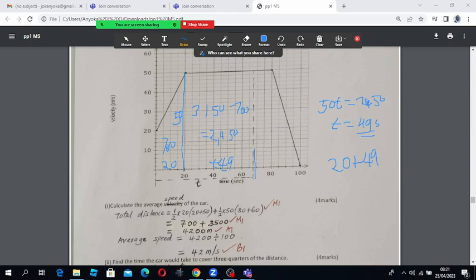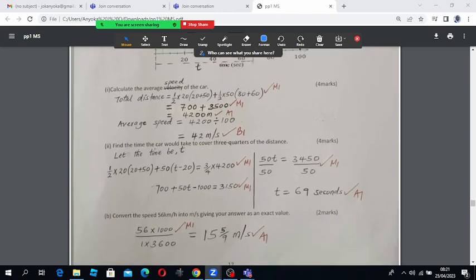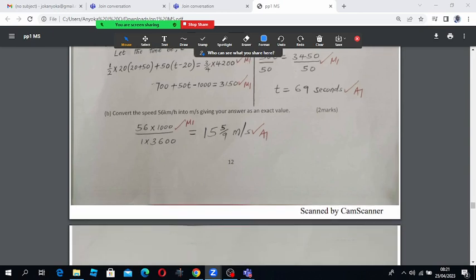We find the first trapezium gives us 700. What remains is within this rectangle. We let the length be t, then t times 50 equals the remaining distance, 2450. We are in agreement? Yes. So the total time taken to cover 3/4 of the distance is 69 seconds.